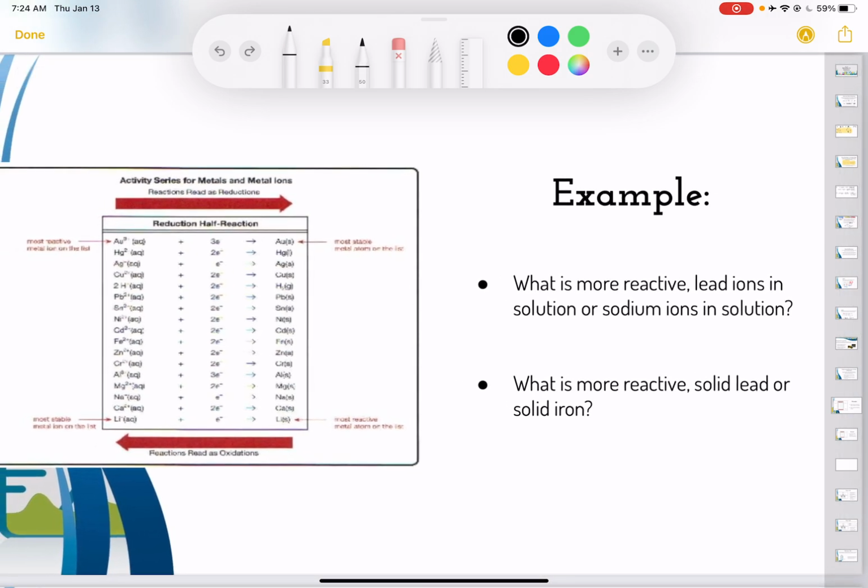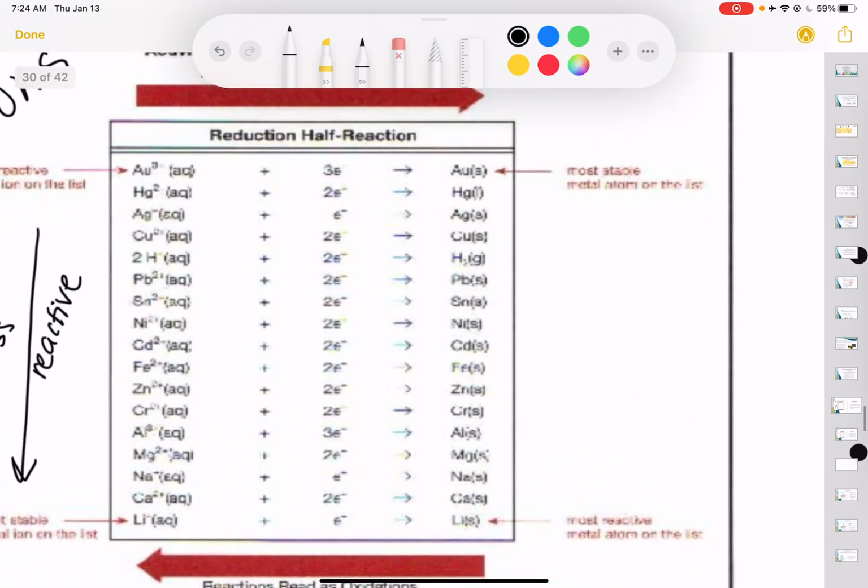It says, what is more reactive, lead ions in solution or sodium? We're looking at the left-hand side. These are our ions. And remember, it goes from most reactive to least reactive. As you go down the table, it's less reactive. So we need to figure out, is lead higher on the table than sodium? If it is, then it is more reactive.